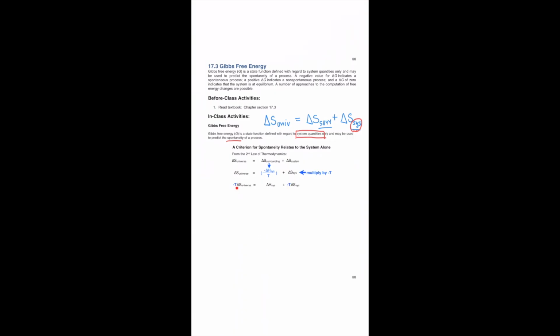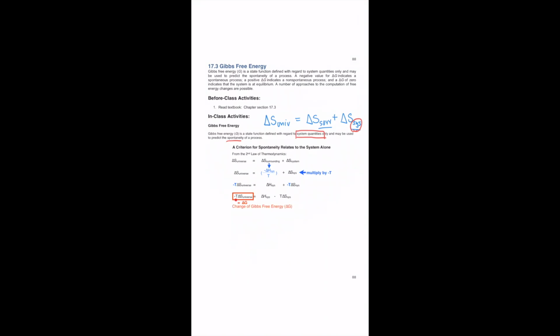And you will get negative T times the change of entropy for the universe equal to the enthalpy change for the system, plus negative temperature times the change of entropy of the system. You can rewrite this term as negative temperature times entropy change of the system, and you will get this equation right here.